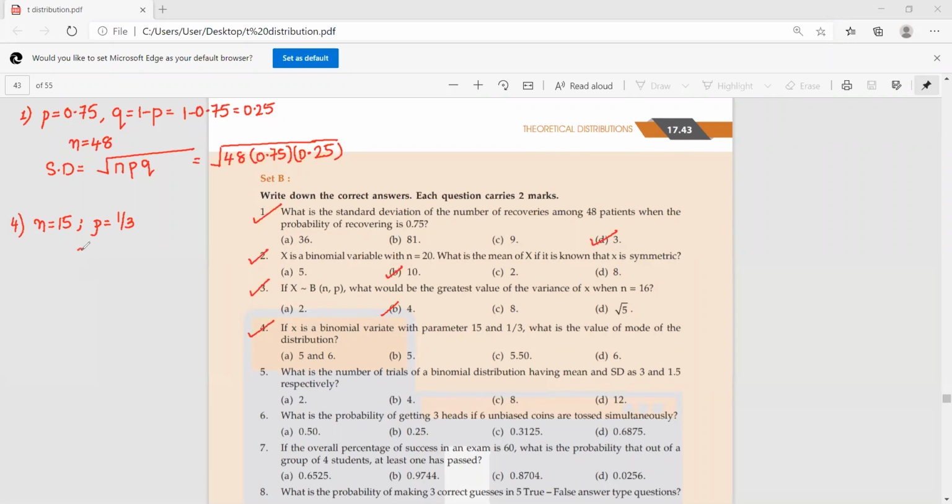तो मोड हम कैसे निकालते हैं? सबसे पहले n plus 1 into p. Correct. That is 15 plus 1 into p, that is 1/3. Correct. So this will be 16/3.